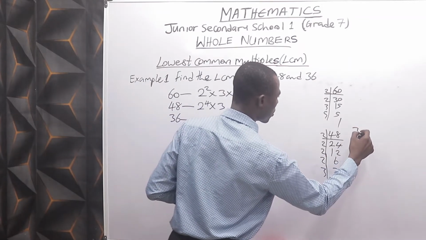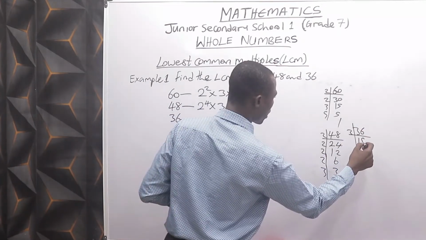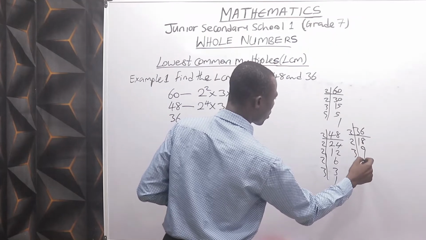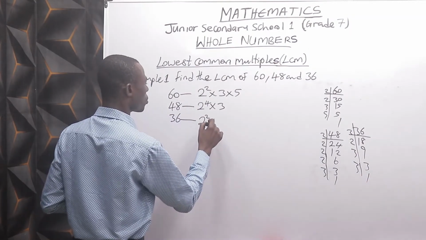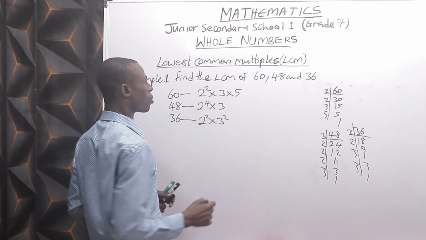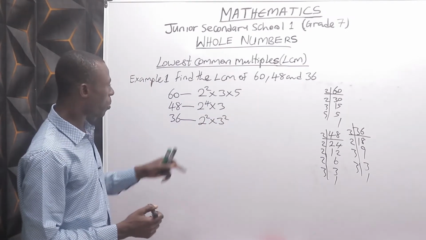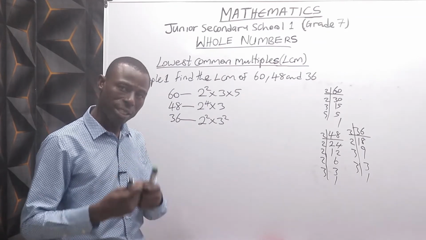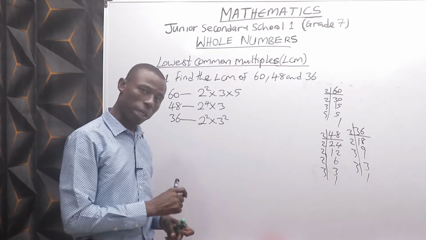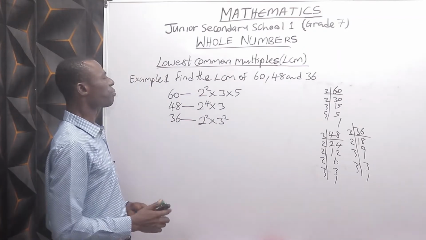And that is 2 in this, 1, 8, 9, 3, 1. So that is 2 raised to power 2 times 3 raised to power 2. Make sure you express the factors in index form to make it easy for you based on the explanation I'm going to give you now.